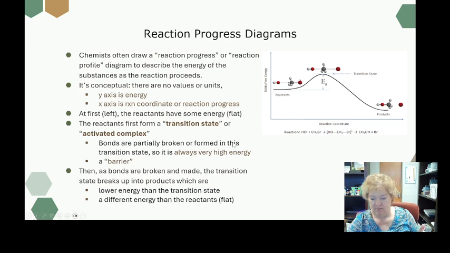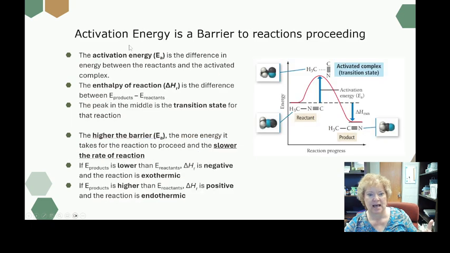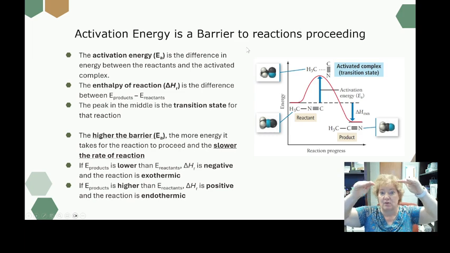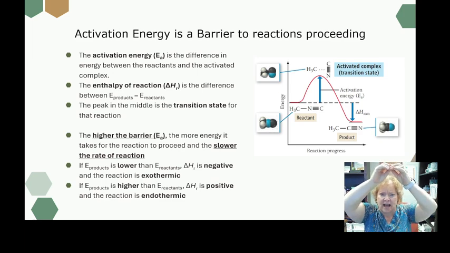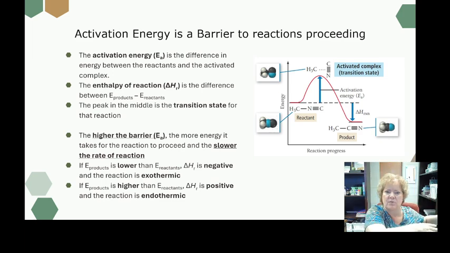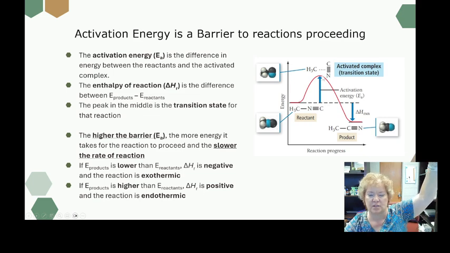If we look at this activation area, this barrier, this transition state, there's some amount of energy it takes to get to this high energy state that I need to access so that the reaction can proceed. And that activation energy will always be the change from the reactant energy to the peak energy of the barrier, which is the transition state.